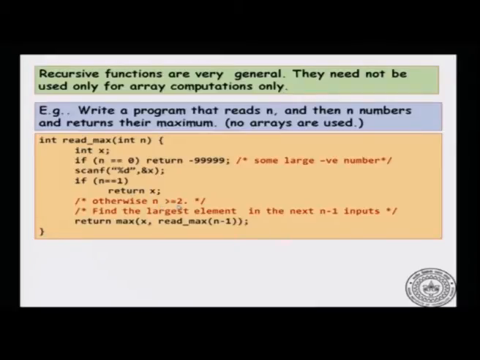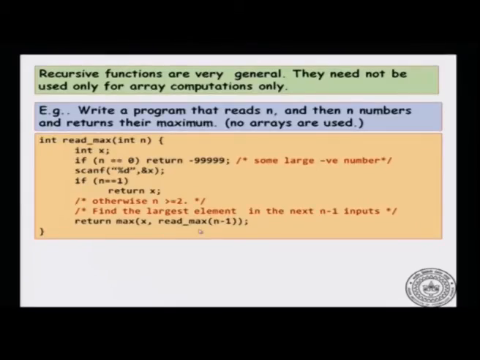Otherwise, n is greater than or equal to 2 and we have read one number. So, you say that return the maximum of the two values, which is x, okay. And what goes inside? Inside you have to solve a sub problem, which is the sub problem of reading n minus 1 numbers and returning their maximum.